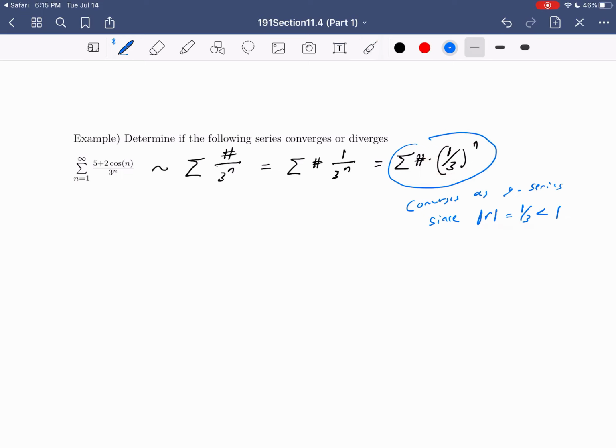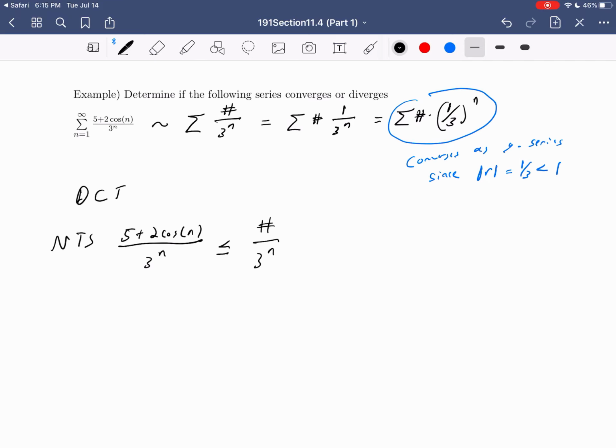So let's try to use our direct comparison test. So what do we need to show? Well, if we plan on showing something converges using direct comparison, we need to show that this is smaller than this. So we need to show that 5 plus 2 cosine of n over 3 to the n is less than or equal to some number over 3 to the n. So how would we do that?